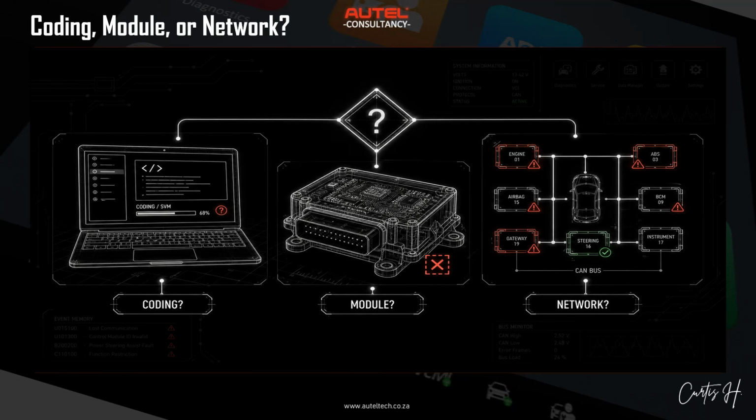It could be the coding, which I doubt, because when you're using their software, they'll tell you if something doesn't go through or not. And everything went through perfectly. We got confirmations on every programming and adaptation point. It could be the actual module, or it could be a network issue.